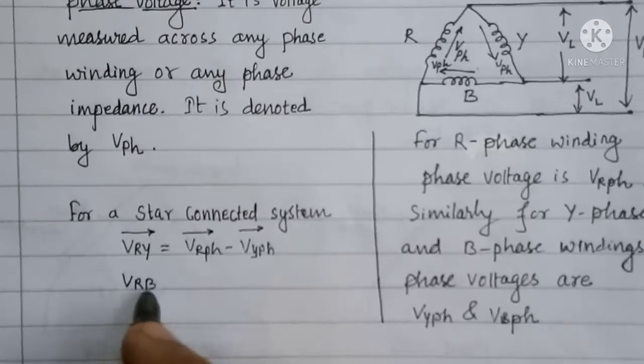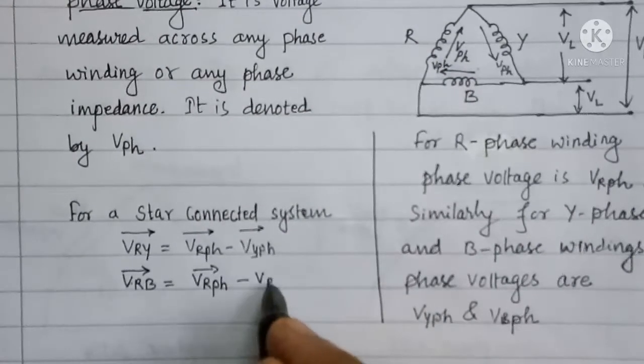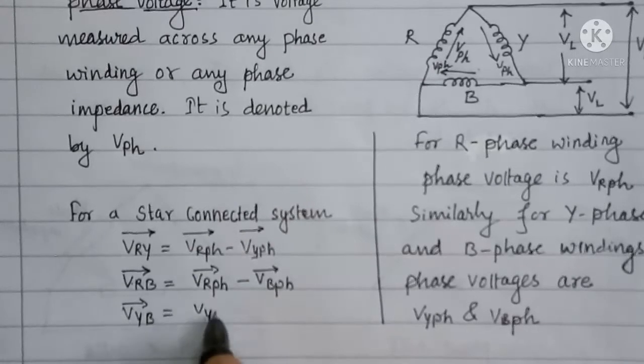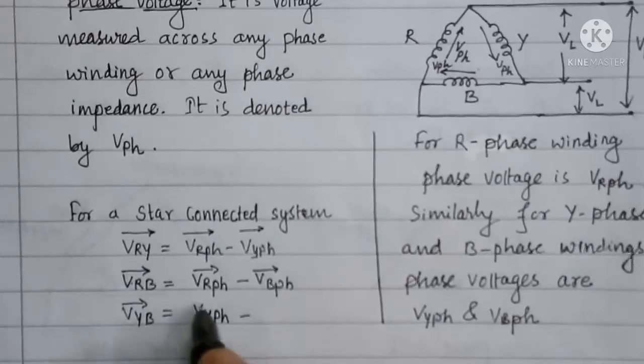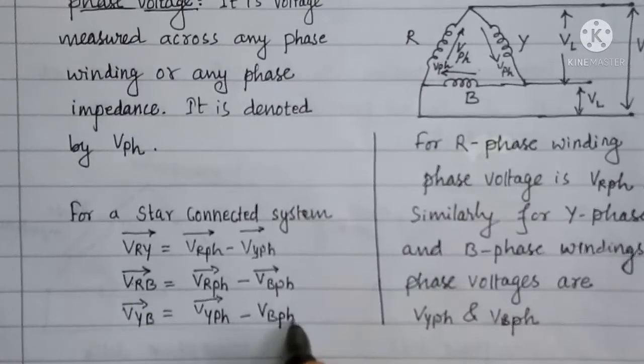VRB is equal to VRPH minus VBPH, and VYB equal to VYPH minus VBPH.